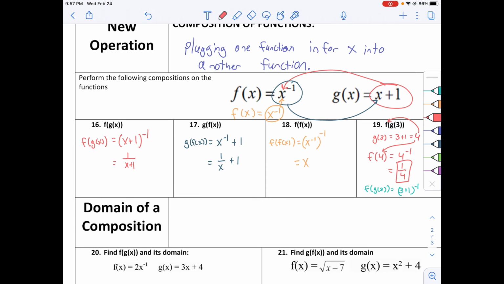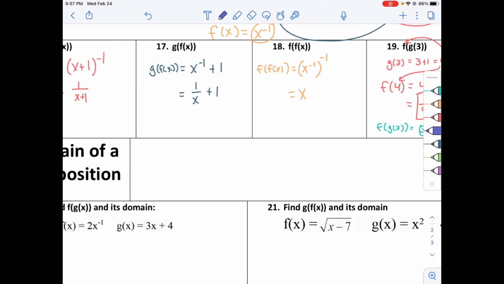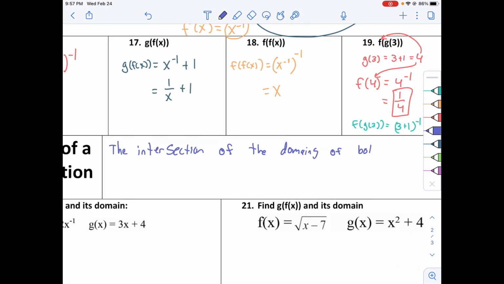So the domain of a composition of functions, let's talk about what that is. That is the intersection of the two domains of the functions. So we're going to say the intersection of the domains of both functions. The example here that we're going to use is f of g of x.